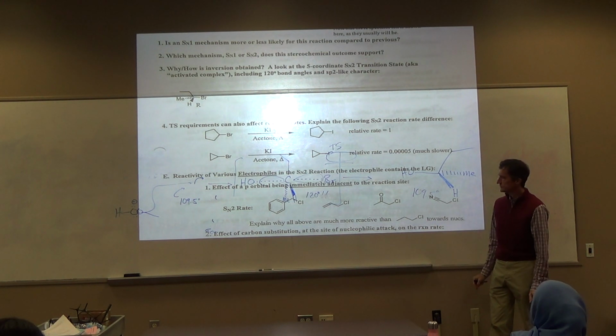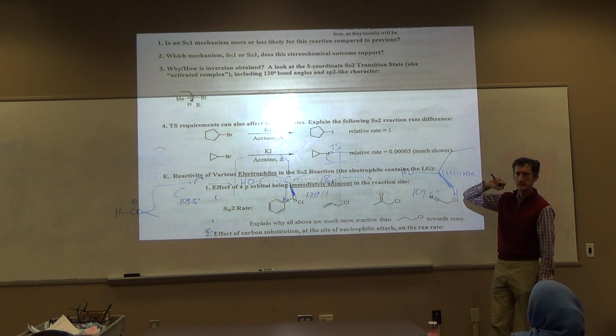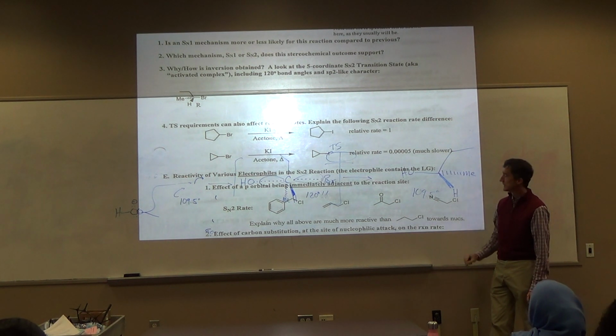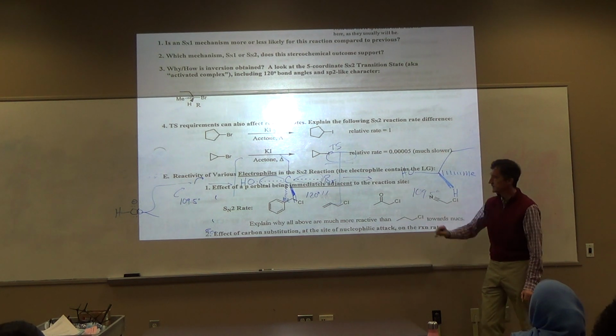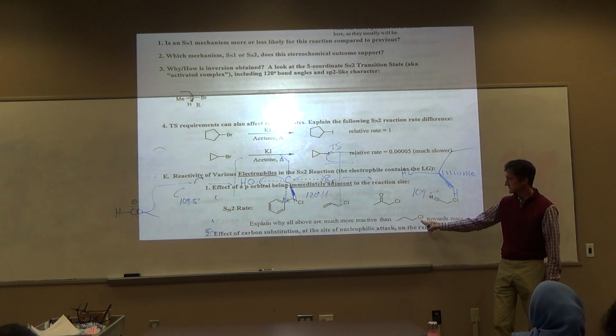Chlorine's a decent leaving group, not as good as bromine. We showed the rate of the halides. What's the best leaving group of the halides? Iodine, previous page at the top. These are all toxic because they're all very reactive in SN2. Much more reactive than this.